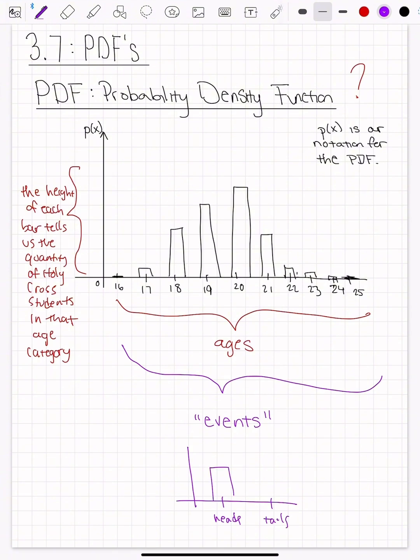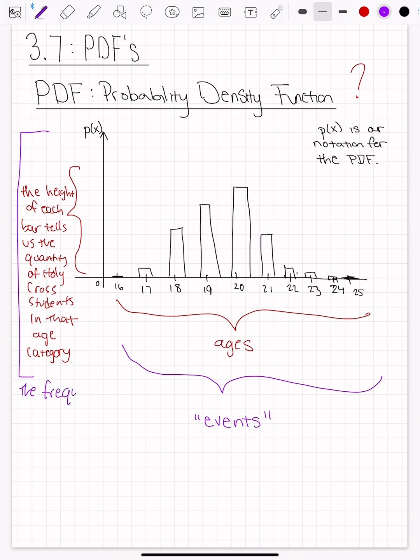And we said half the time you'll get heads, half the time you'll get tails. So that would look like that. And then the y-axis tells us the frequency of those events happening. And that is the basic concept of a probability density function, the frequency of those events happening.